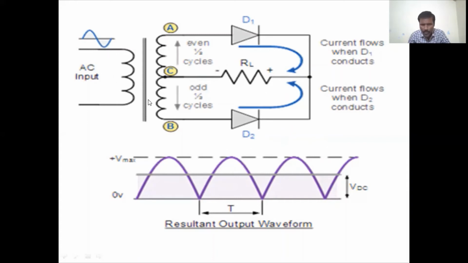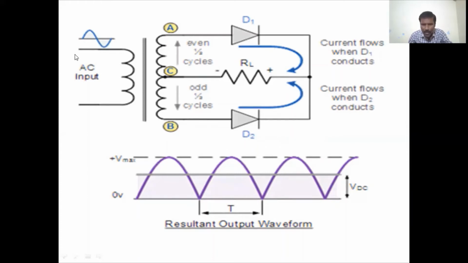The negative half cycle goes towards terminal B. Then diode D2 behaves as reverse biased, therefore no current flows through this diode.